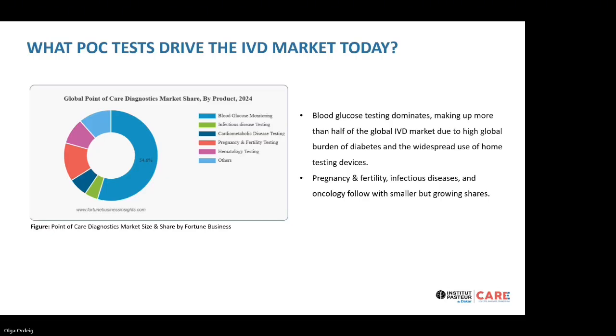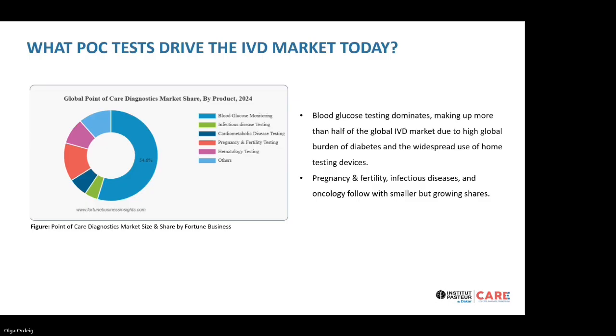This is probably because of the rising numbers of diabetes worldwide, but also because it's a very well-established test for many years in the homes. And similar is the pregnancy test, which I think is the next one that has the biggest market share. It's been many years, it's very well established and works very well.